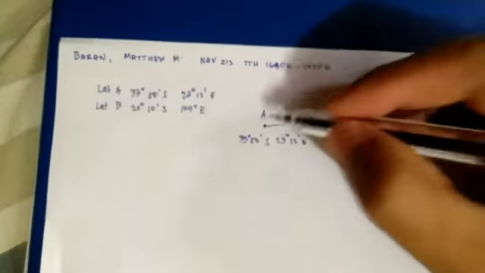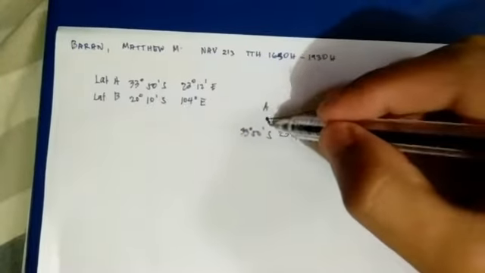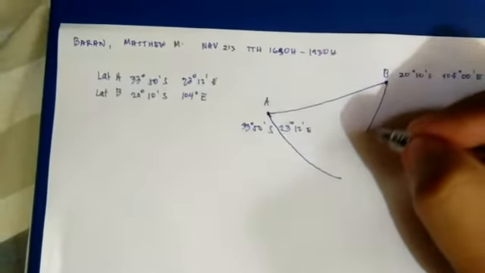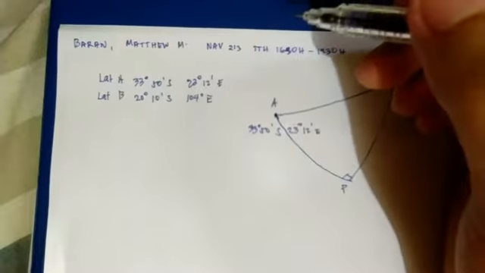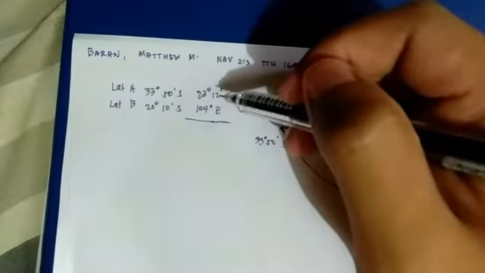D-long will be using the South Pole, so it will be here and represented by P. In order to get our D-long, we need to subtract our longitudes. Since longitude A and longitude B have the same name, which is east, we need to minus.